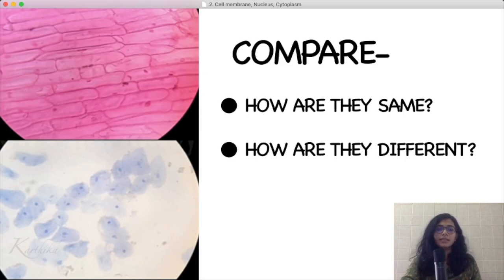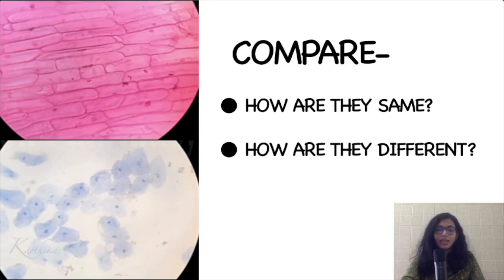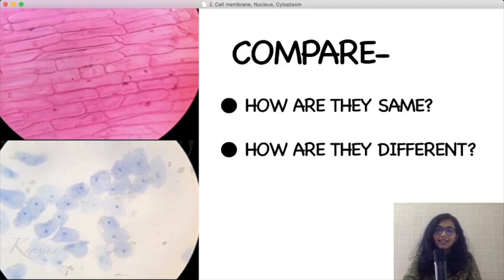And in the case of this particular slide, if you see, the intercellular space is also another point of difference, right? Intercellular means between the cells. Inter always means between. So intercellular space is absent in the onion peel cells, and intercellular space is present in the cheek cells.